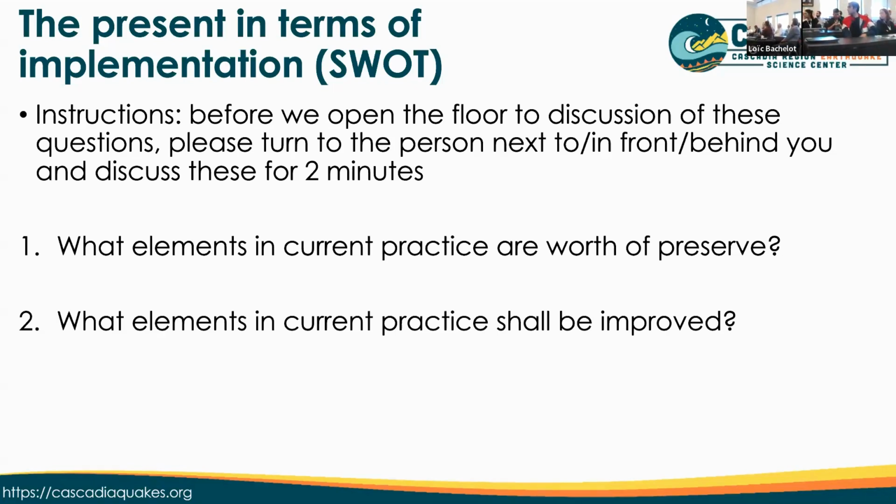I think that's a great point, and probably the best example I could think of that actually seems to support that argument is what happened in Seaside with their high school. The high school was in the inundation zone. The community recognized the risks. They actually worked with George Priest and Rob Witter to do some of the initial modeling to figure out what the impact was going to be and where to put a new high school.